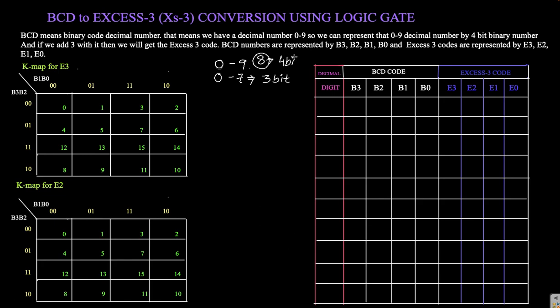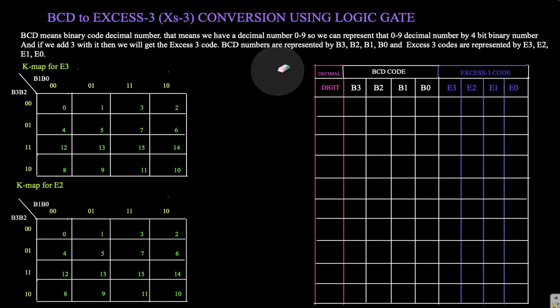So that's why we are going to take the 4-bit BCD code here, B0, B1, B2 and B3, and the XS3 code is represented by E0, E1, E2 and E3. That means we have to convert the equivalent BCD to XS3 code. So what is XS3 code?